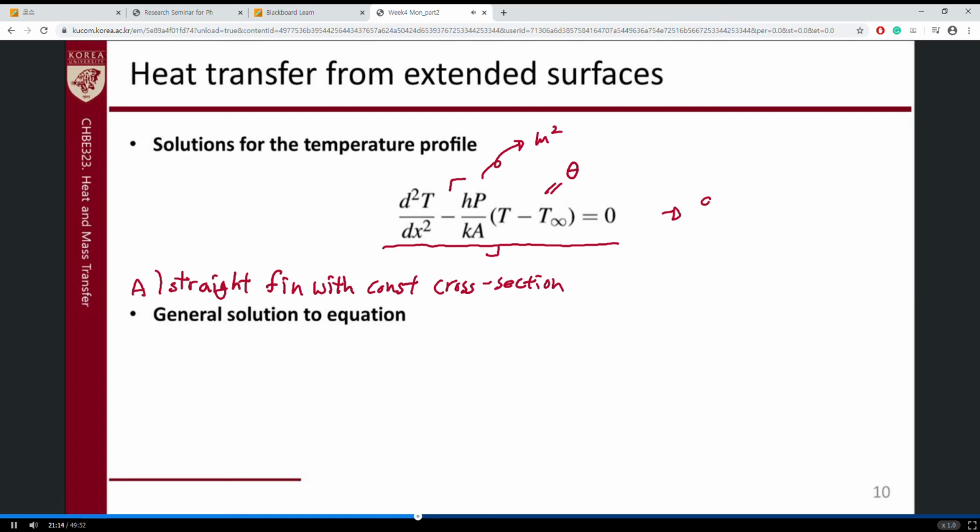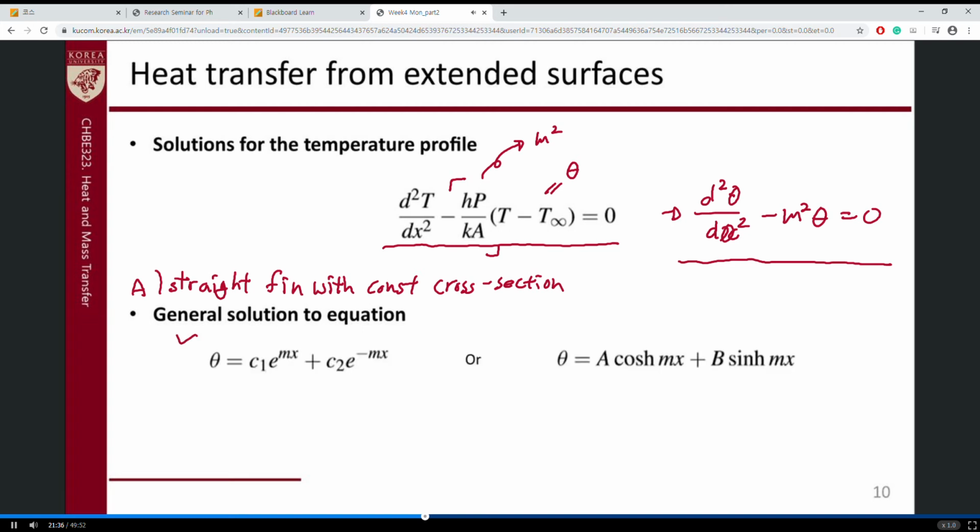So the equation can change to d squared theta over dx squared minus m squared theta equals 0, right? So therefore, from this equation, we can make a general solution to these equations, that is C1 e to the mx plus C2 e to the minus mx.